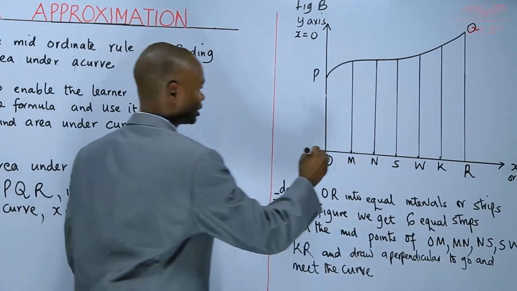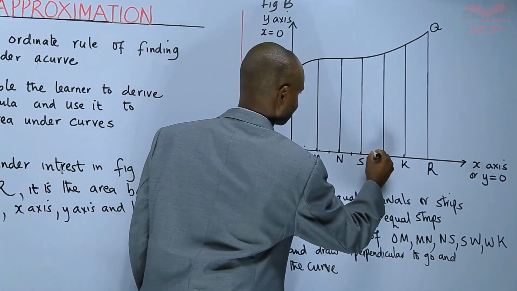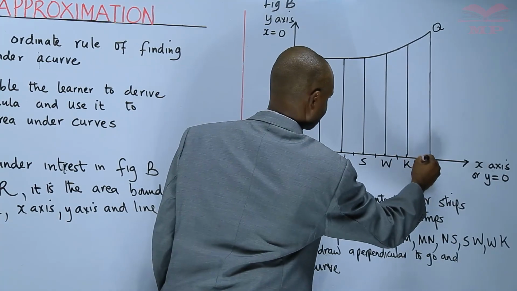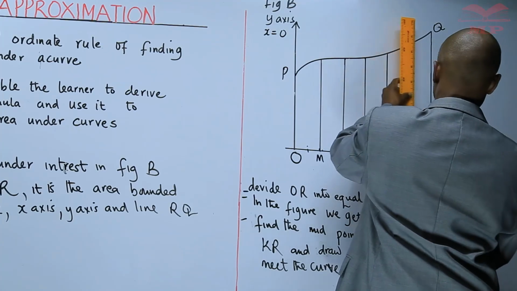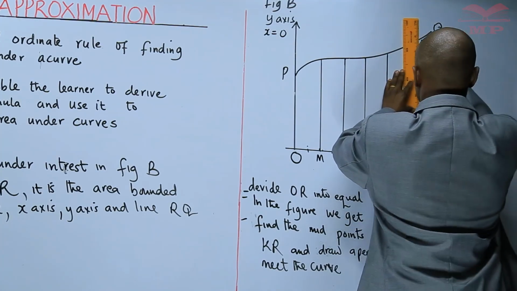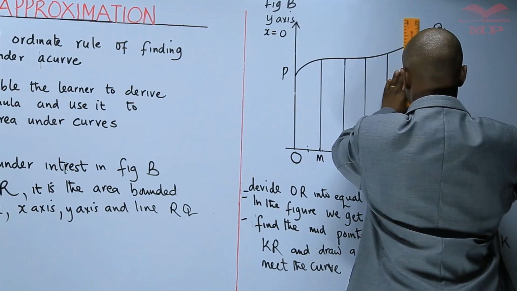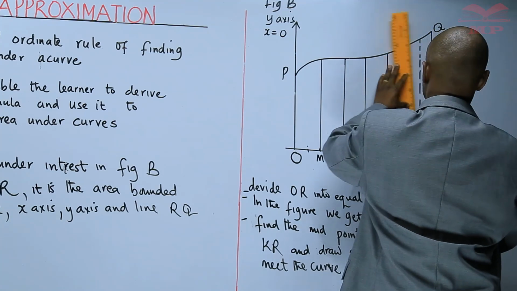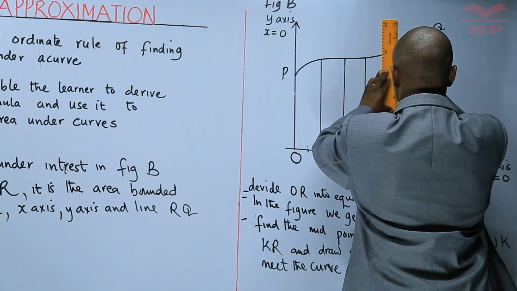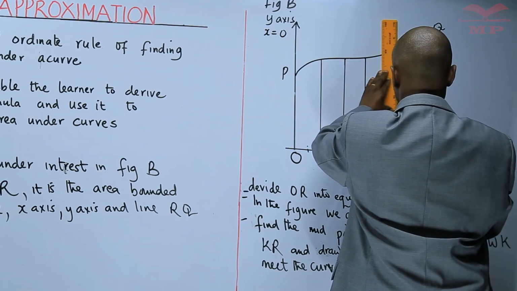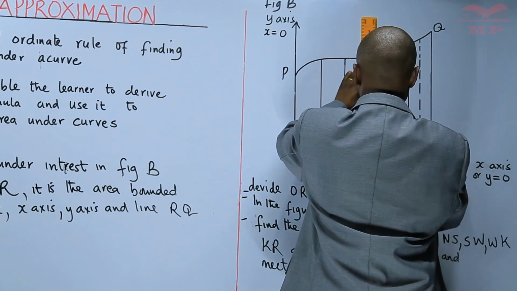So you get the midpoints of these. Those are the midpoints. After getting those midpoints, you drop these. Learner, those are the midpoints.